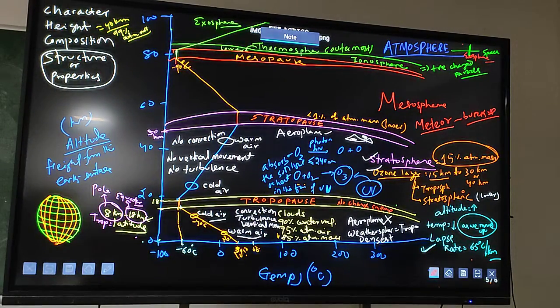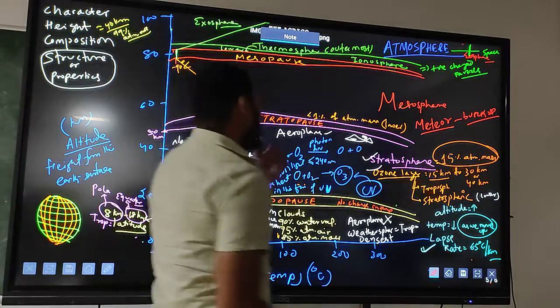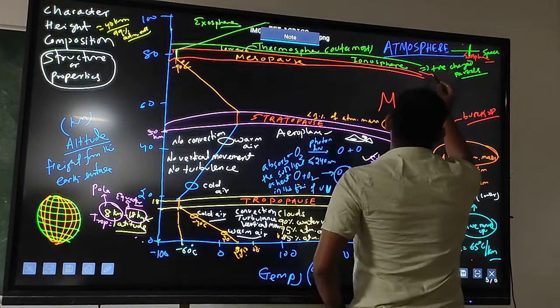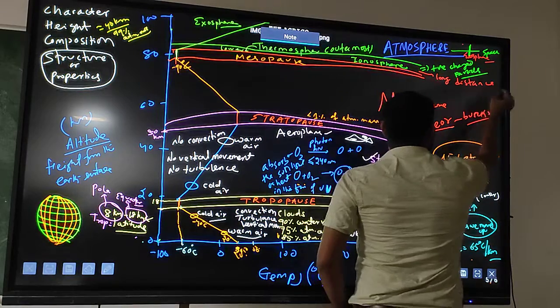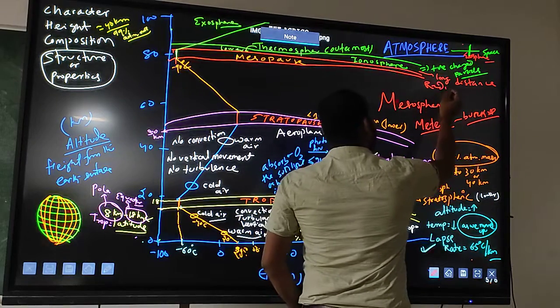And one most important thing is that in the ionosphere, the most important property is long distance radio communication.